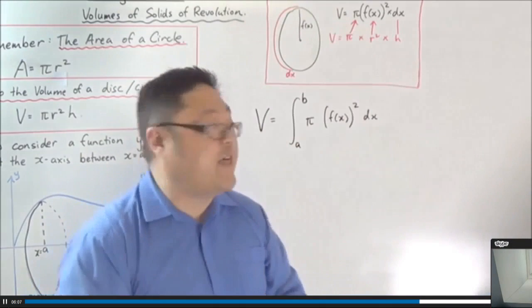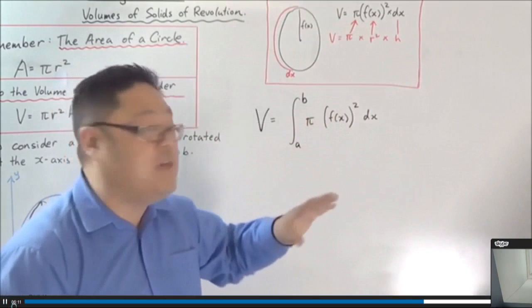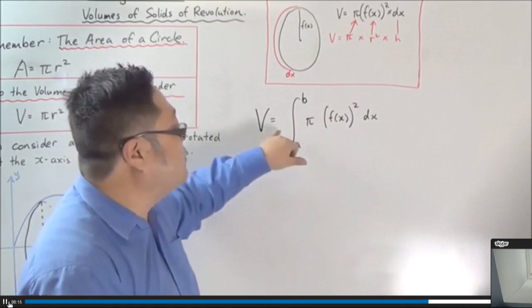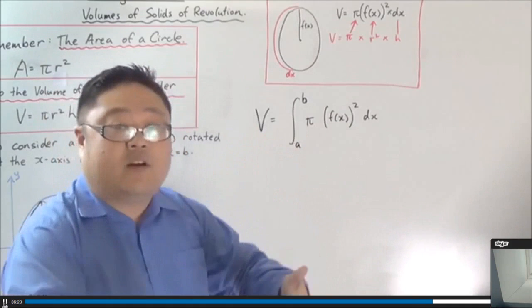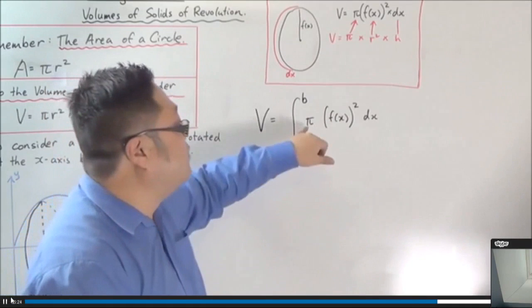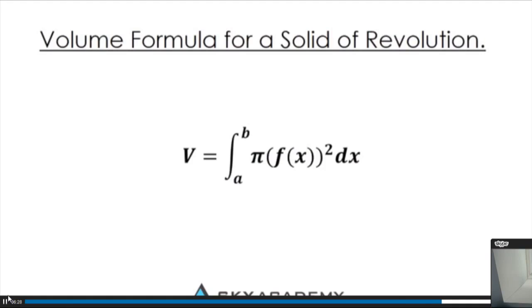Now, if I were to prove that, it would require a whole lot of algebra, so I'm going to spare you the algebra and all the theory, but I just want you to know that the volume of a solid of revolution of a curve f of x will take on this form. Pi times the function squared dx.